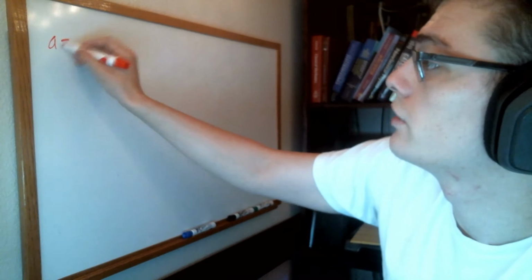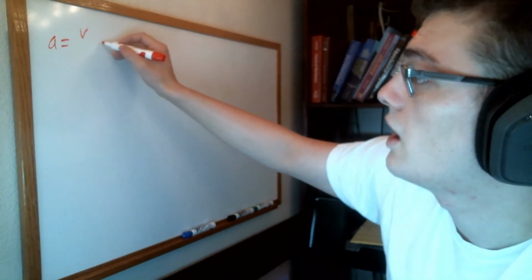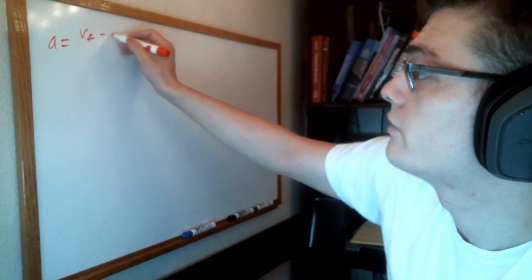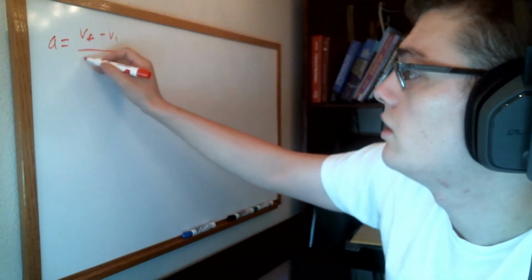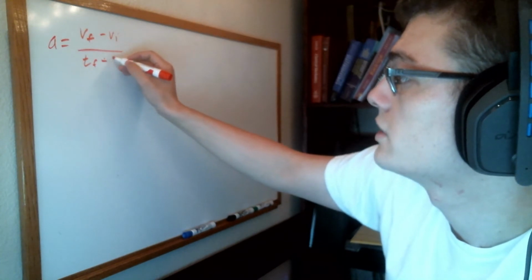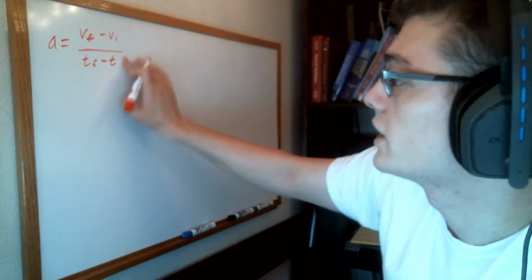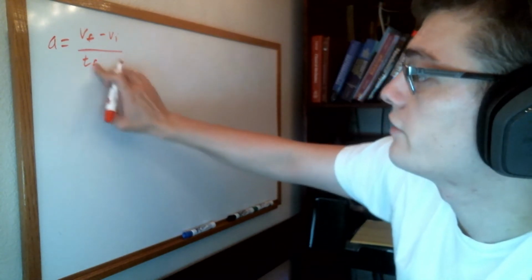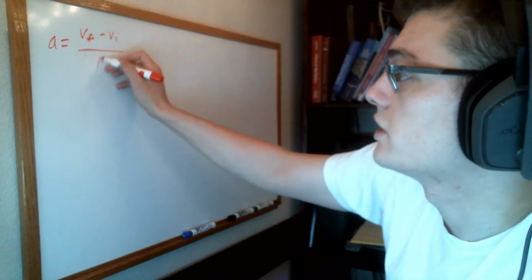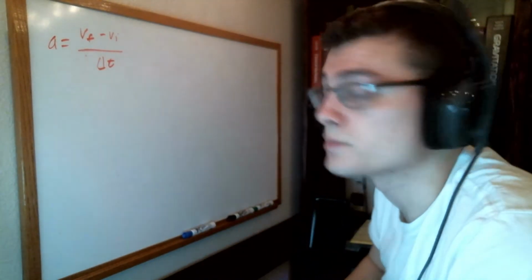So from our recitation notes last time, we have that a is equal to vf minus vi all over tf minus ti, but our initial time we're taking is 0, so we're just getting tf, which is just going to be delta t, the time interval that it takes to accelerate to this speed.